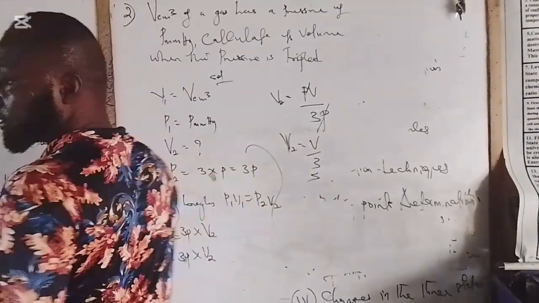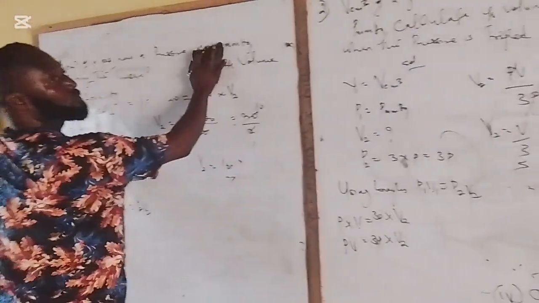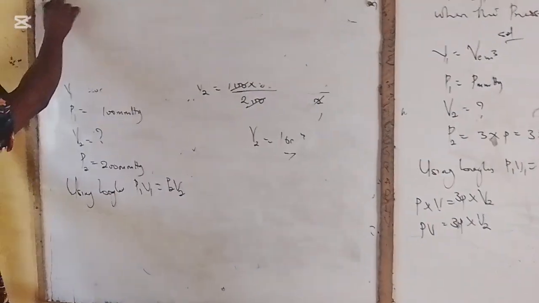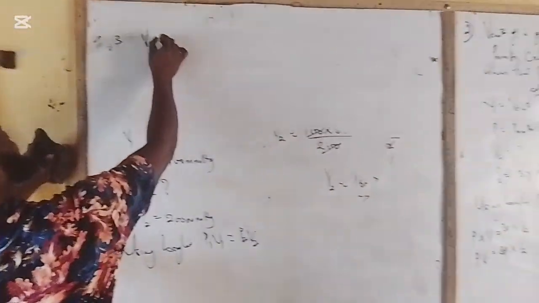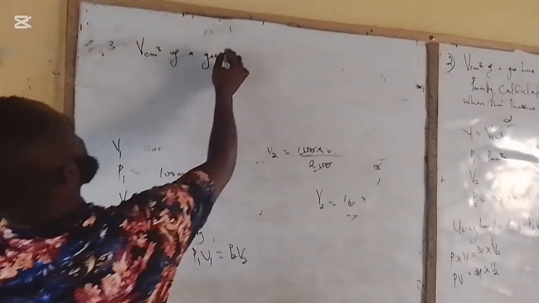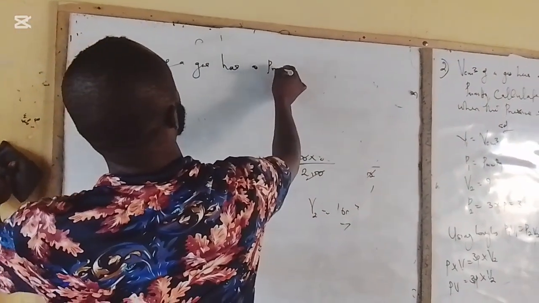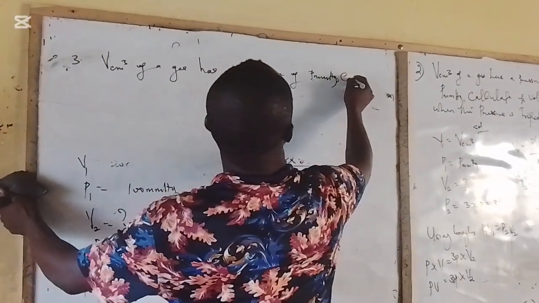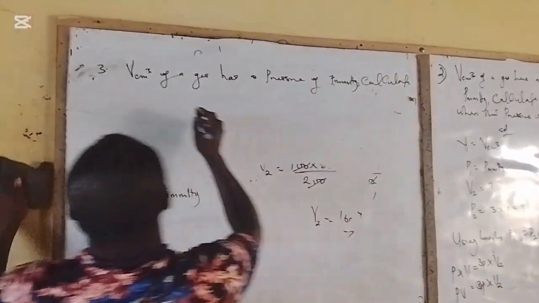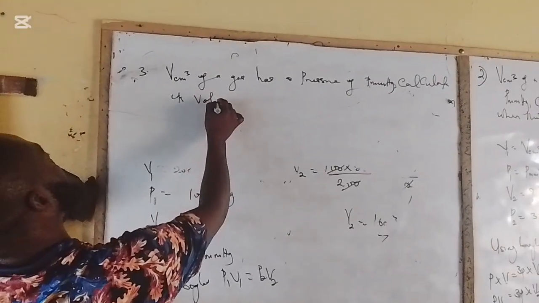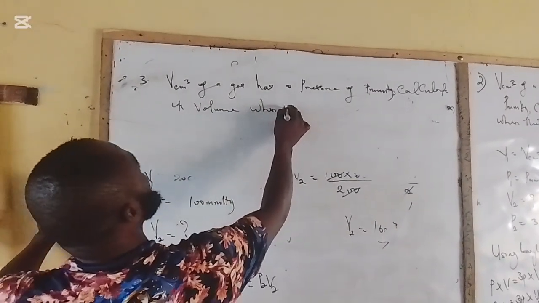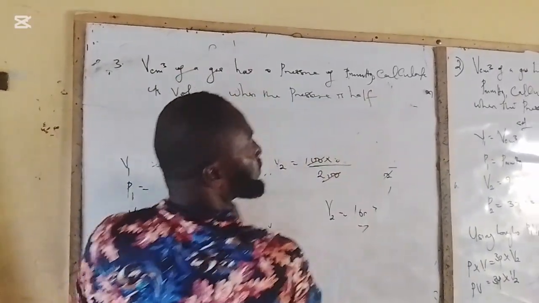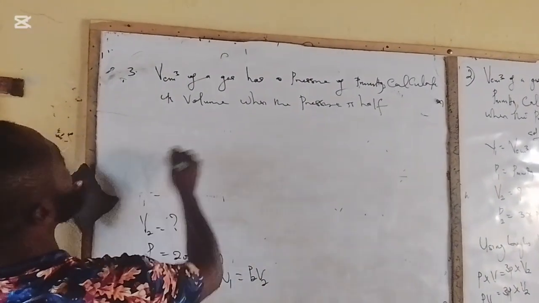That's the answer. Okay? Most times, there's a particular kind of question they can give you, which may come this way. A V cm cube of a gas has a pressure of P millimeter mercury, calculate its volume when the pressure is half. Okay, so if you see this type of question, what are you going to do?